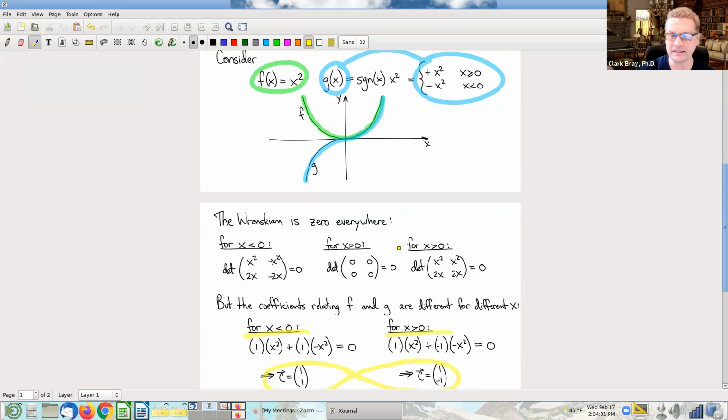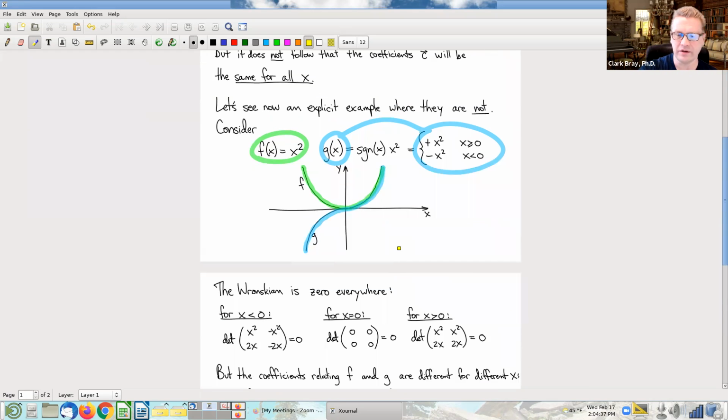So this is the example. The reason I like this example is because you can, again, looking at the graphs of these functions, explicitly see it happening. You can see how there is a relation between F and G over here, right? They're the same. And there is a relation between F and G over here. They're negatives of each other, in both cases, whether you're looking at x on the left or x on the right.